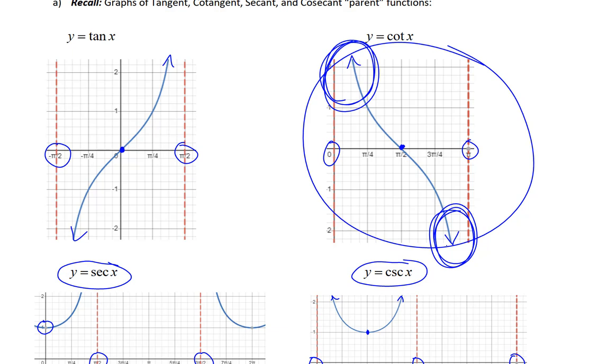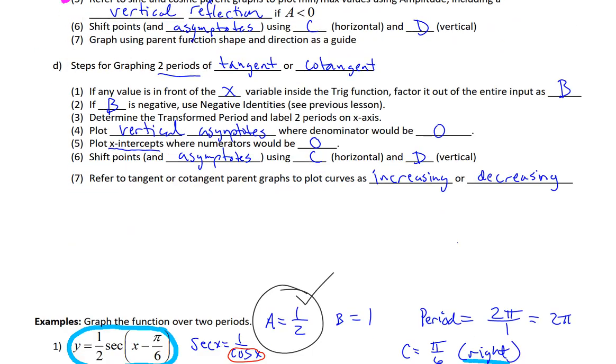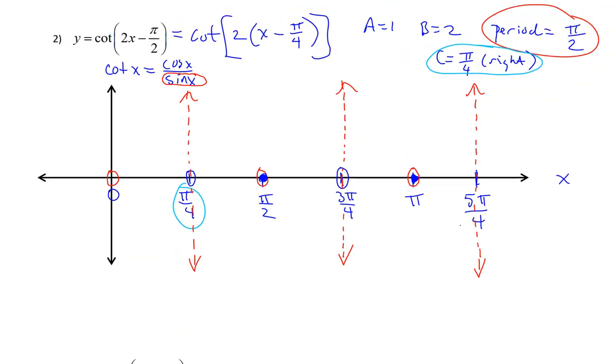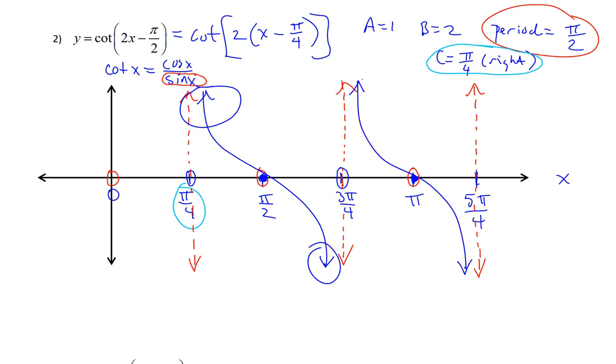So all we have to do is make sure we see the exact same thing within every period we're graphing. We're graphing 2 periods, which means between the asymptotes we should see that. So using our intercepts and asymptotes, we can snake through to draw exactly that. High to the left, low to the right, but that happens within each period. And we're graphing 2 periods, so it happens twice.